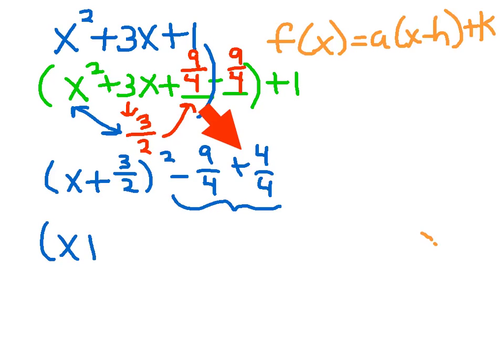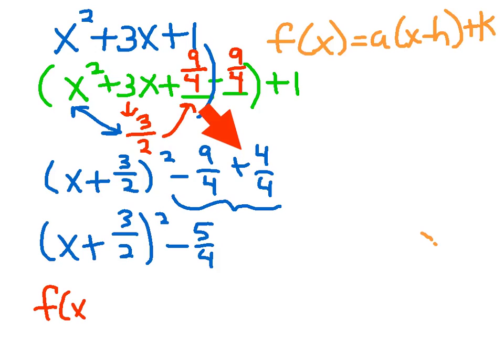We have x plus 3/2 squared, and negative 9/4 plus 4/4 is just a minus 5/4. Let's put this nicely back in function notation because this is a function. We have f of x equals parentheses x plus 3/2 squared minus 5/4.